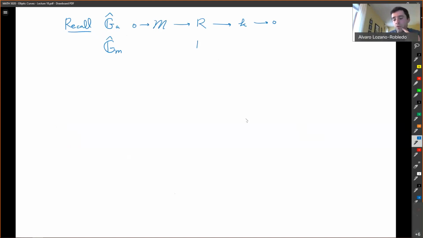Over the multiplicative group, we had the units that are 1 modulo M, and then the quotient is the non-zero elements of the residue field. Meaning that of the classes of units that are left, there is 1 for each other class modulo M, basically.